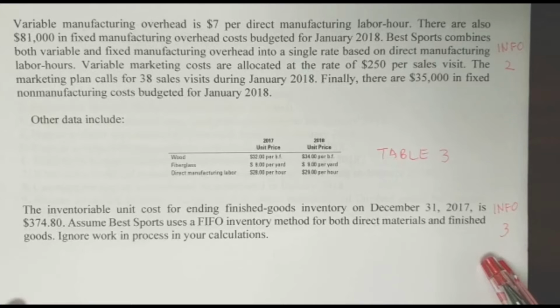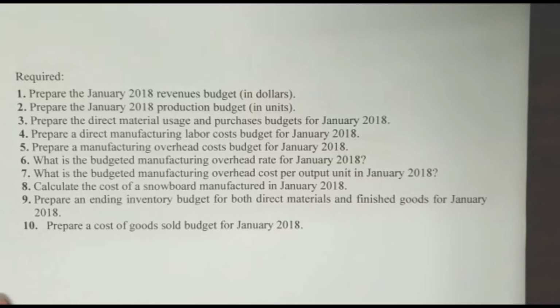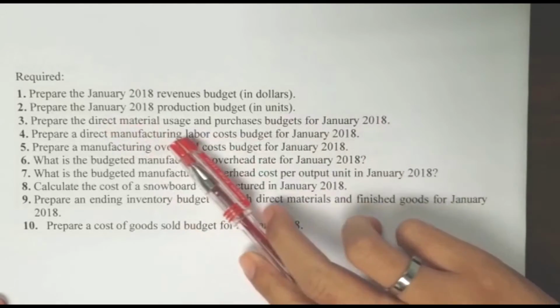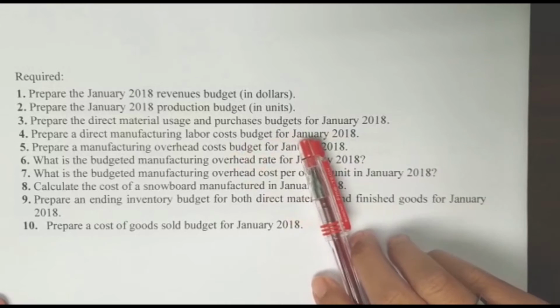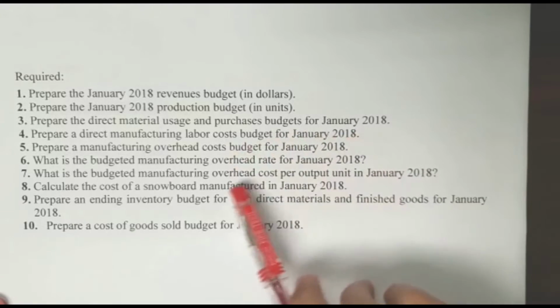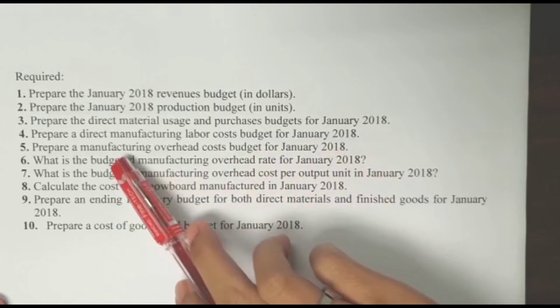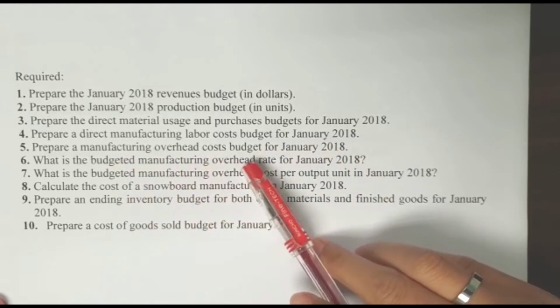Okay, later we are going to look at the questions, what types of calculation we need to do after this. Based on the information given, you are required to prepare the January 2018 revenue budget, production budget, direct material usage and purchases budget, direct manufacturing labor cost budget, and manufacturing overhead cost budget.